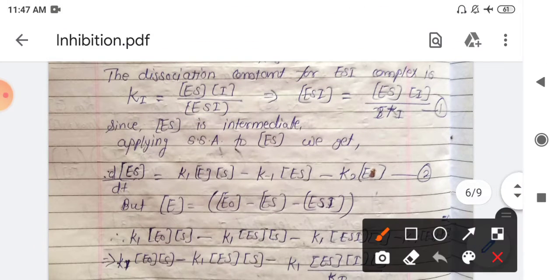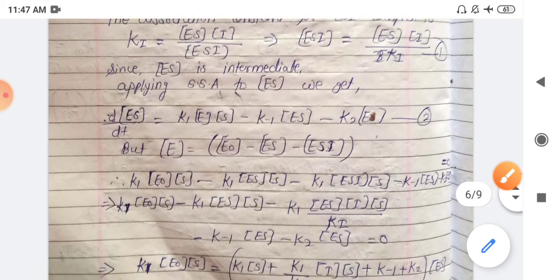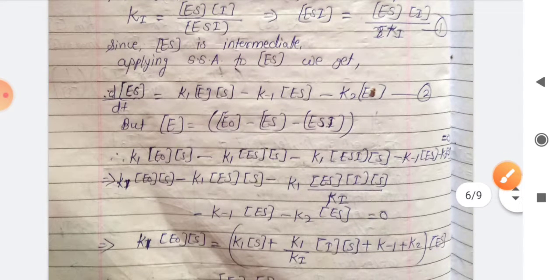Since the concentration of ES is an intermediate, we need to apply the steady state approximation. So applying that, K1 into E into S minus K minus 1 into ES minus K2 into ES is equal to 0. This is the steady state approximation for the enzyme substrate complex.